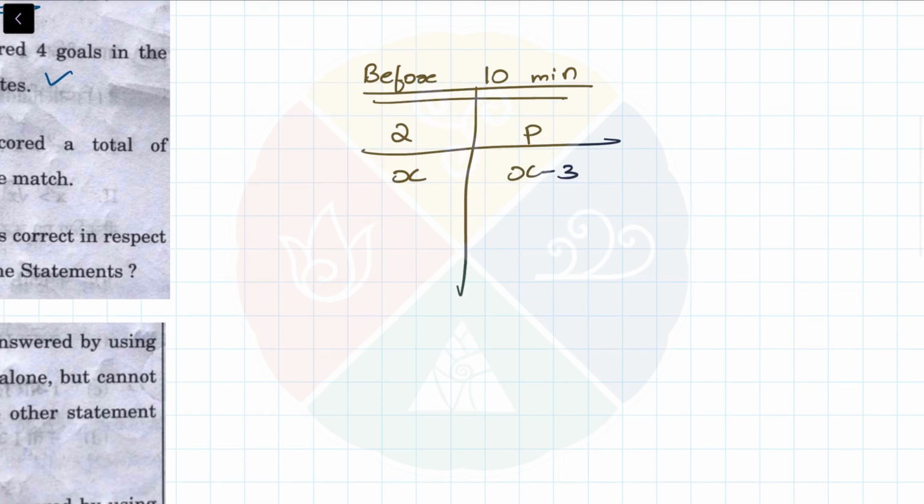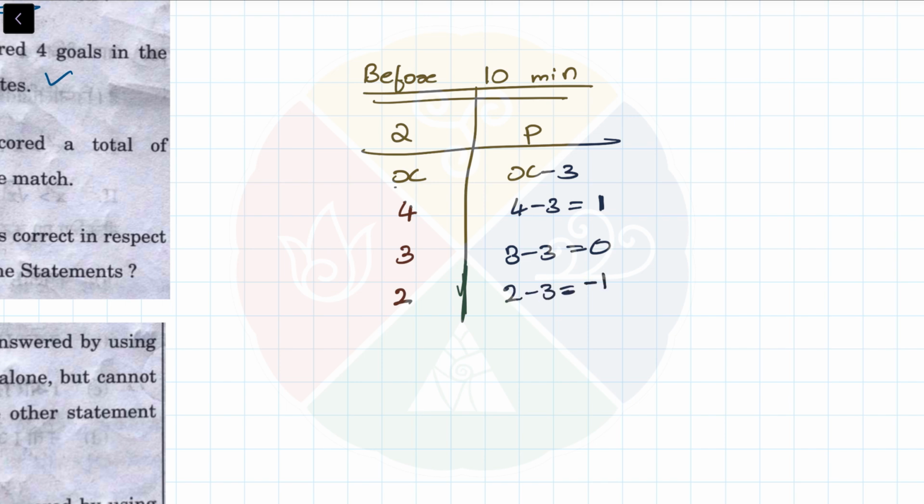If Q scored, let's say, 4 goals, then P would have scored 4 minus 3, that is 1 goal. If Q scored 3 goals, then P would have scored 3 minus 3, 0 goals before the 10 minutes. If Q scored 2 goals, then 2 minus 3 is minus 1.